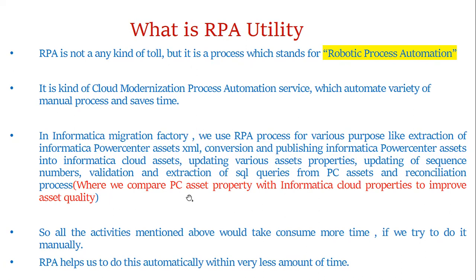What kind of manual processes? In the Informatica migration factory, we have to convert assets from Power Center to the Informatica cloud. In this migration process, there are a lot of tasks to perform, like extracting the XML, converting it into an asset which can be validated on the Informatica cloud, and updating various asset properties.